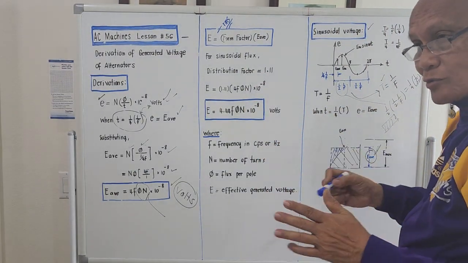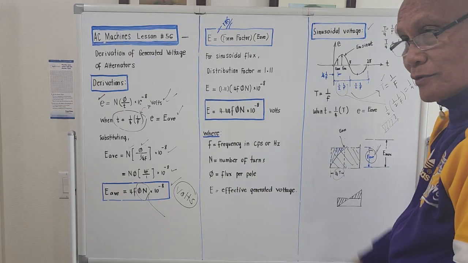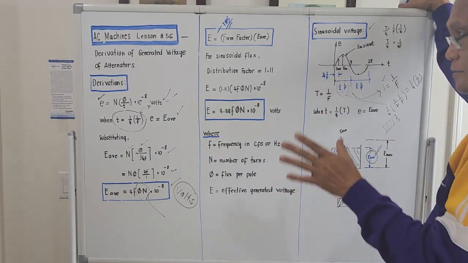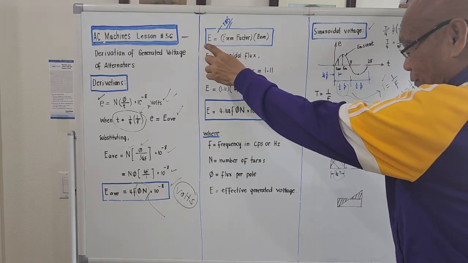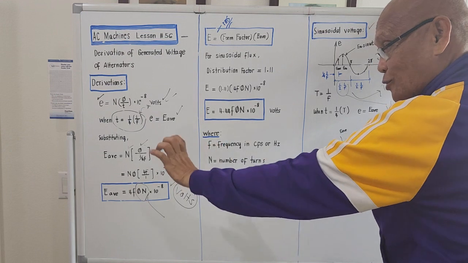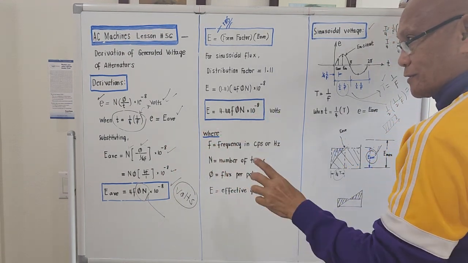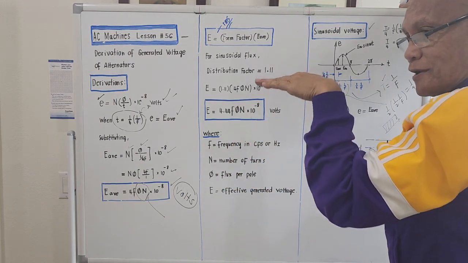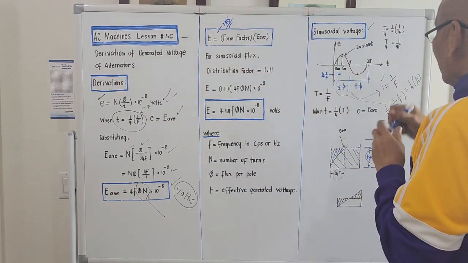The voltage we are using at home is the effective voltage. And for sinusoidal flux, there is a relationship between the effective voltage and the average voltage. We are not using the average voltage, we are using the effective voltage. And actually, the effective voltage is a little bit higher than the average voltage.